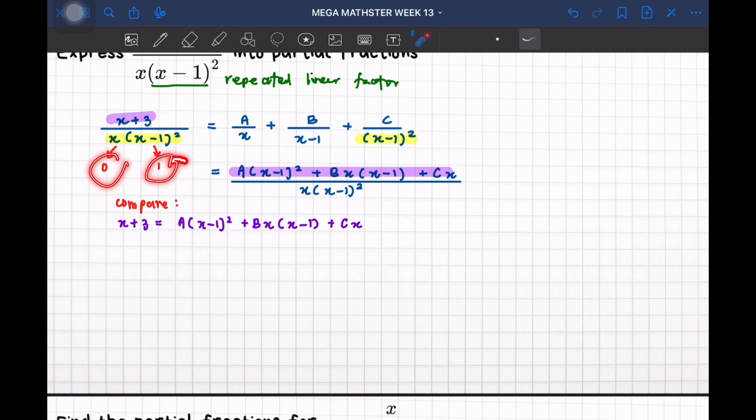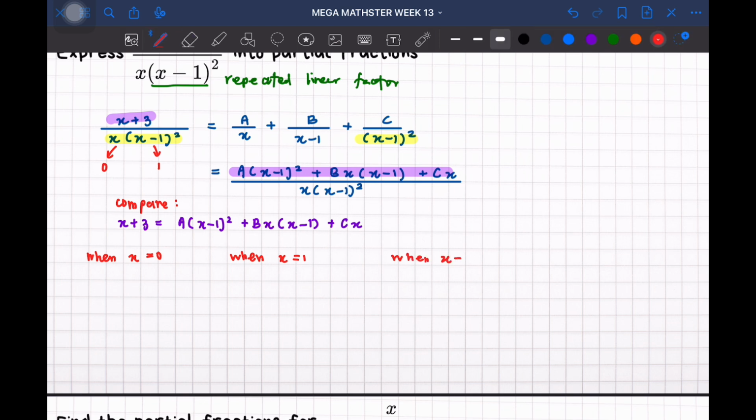So you can use negative 1, or let's say you can also use x is equal to 2, whatever that you want. Okay, so when x is equal to 0, and then we have also x equal to 1, and lastly I'm going to choose x equal to negative 1.